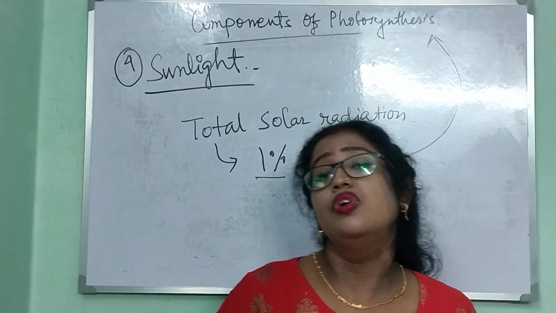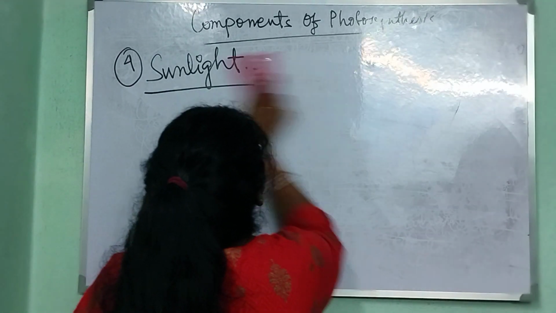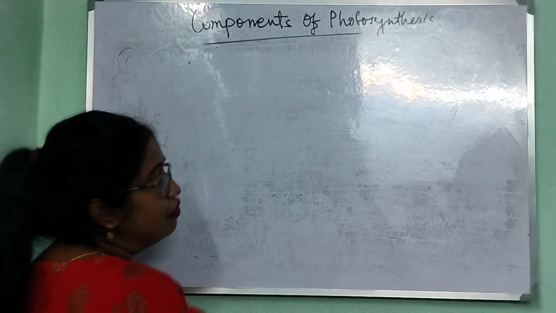Along with these 4 components, there are also some other components that help in the process of photosynthesis.